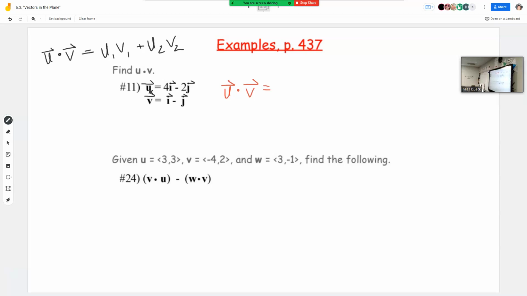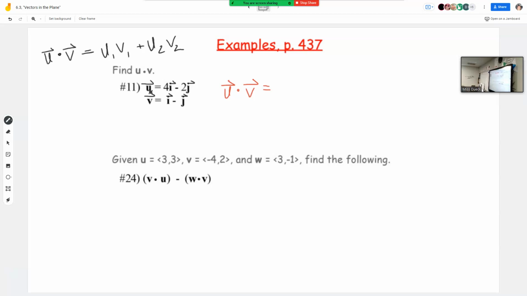Any lowercase letter denoting a vector, or any initial and terminal points denoting a vector, need to have vector arrows on top. Anytime you see a bold letter, yes, vector arrow. Otherwise they're not vectors.